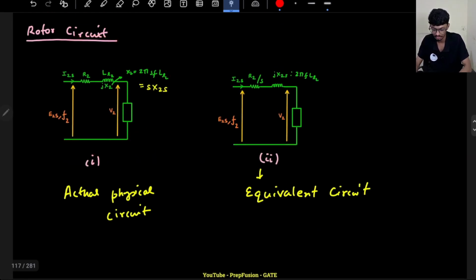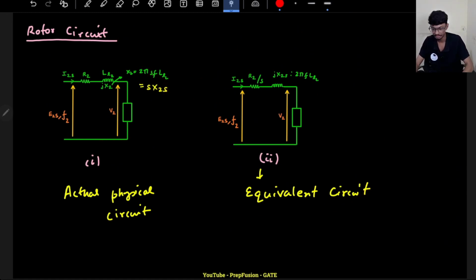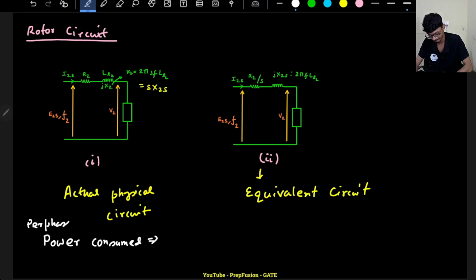What is different between this one and this one? If I want to understand the difference, I see what is the power consumed in the first circuit and what is the power consumed in the second circuit. In the first circuit, the power consumed is simply equal to, because it is per phase power, I am discussing everything per phase here, I2 whole square into R2.